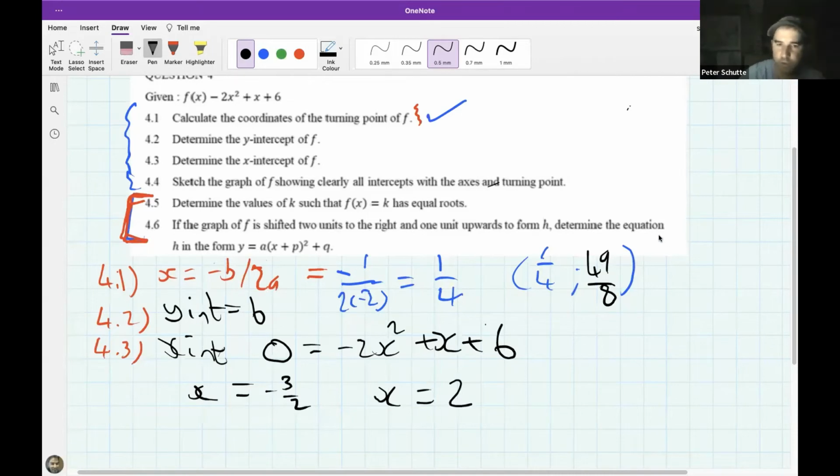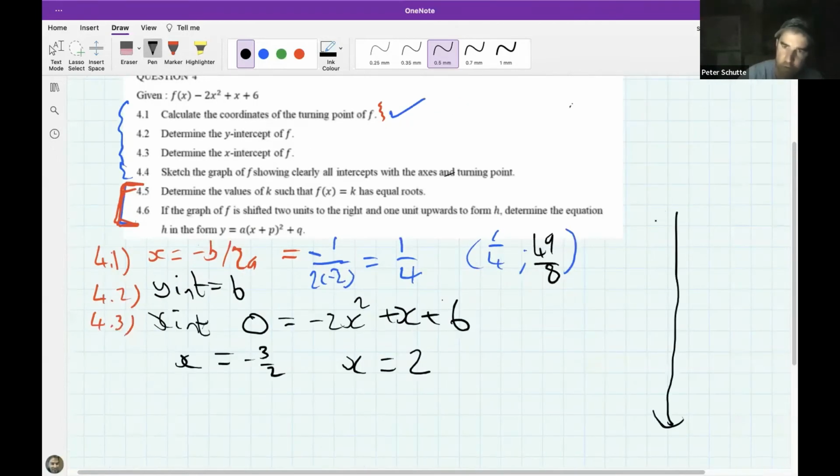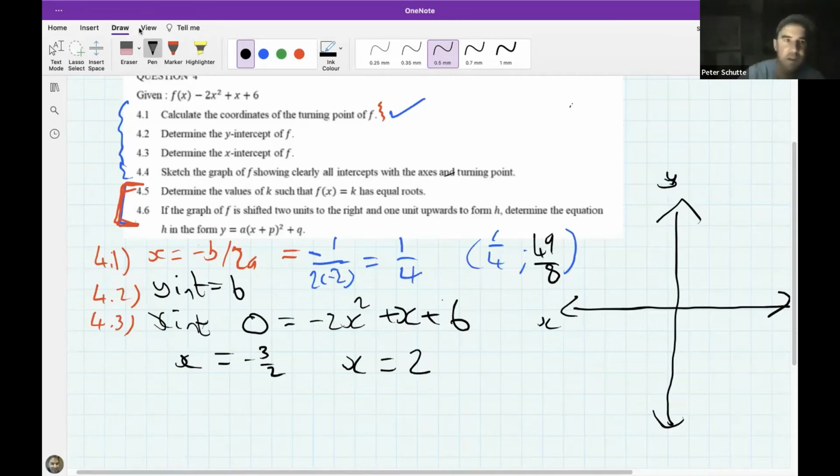Let's see if I can draw my graph in this space over here. So I always like to put my axis of symmetry down first to give me a little bit of a guiding space.